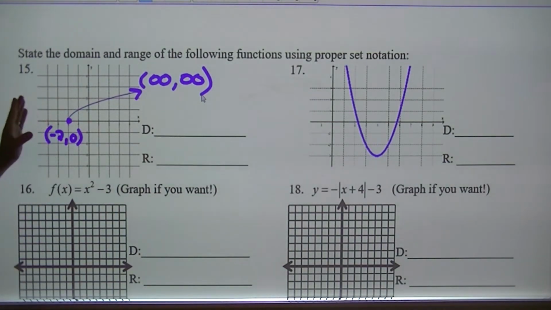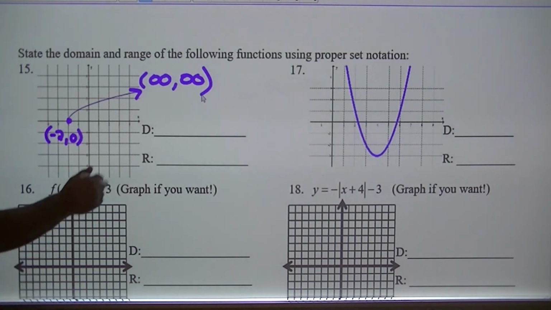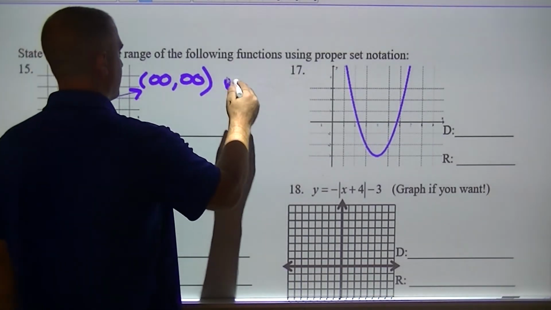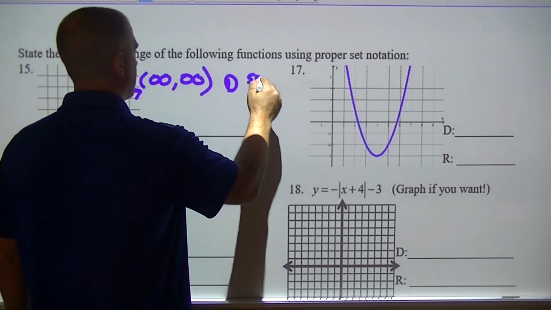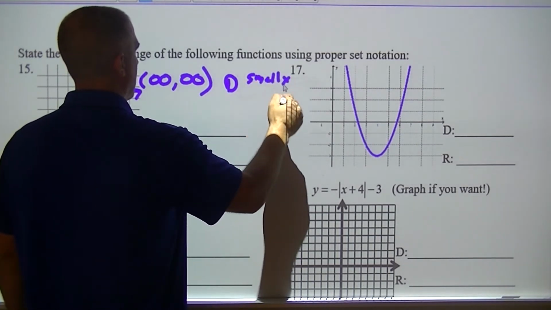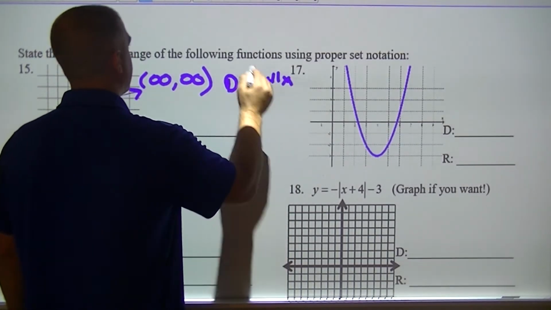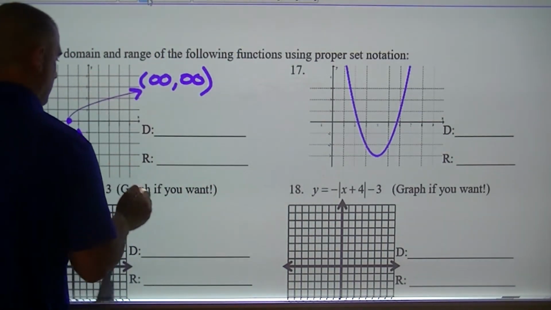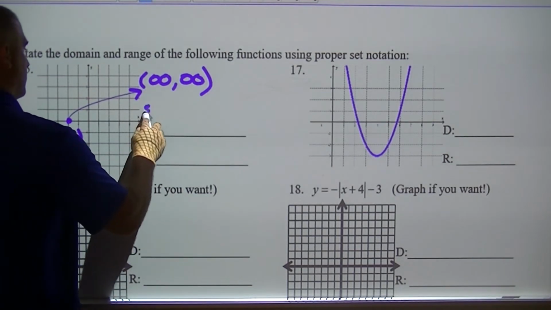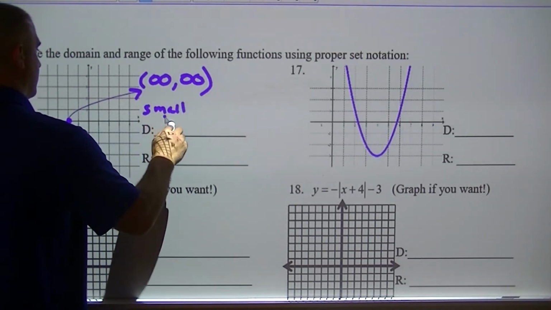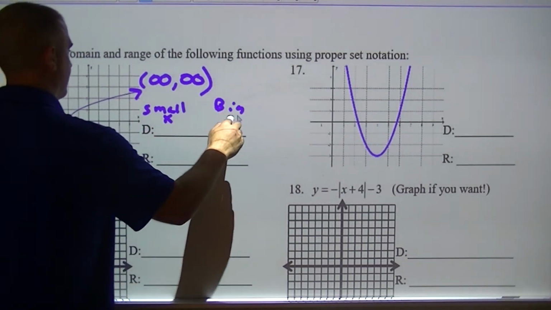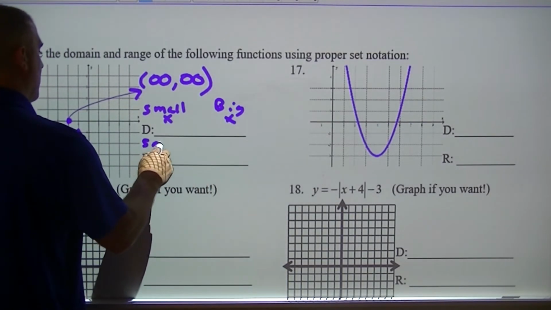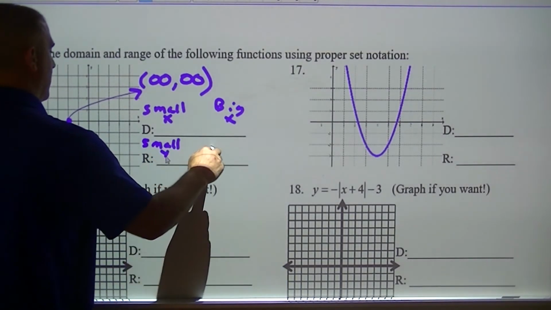Domain means small x, big X. Range means small y, big Y.